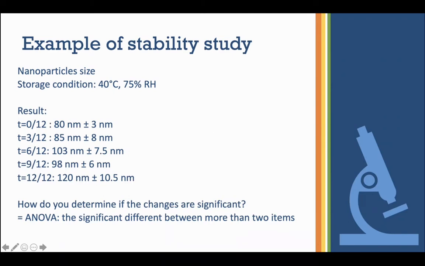Or if you want to know only the significance of the size difference between time 0 and 12 months, you can also use a paired t-test. Meaning that if you want to know the difference between only 2 points in the data set, you can use a paired t-test because it is before and after storage.